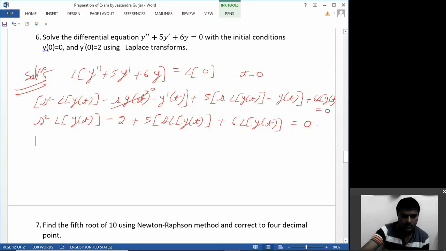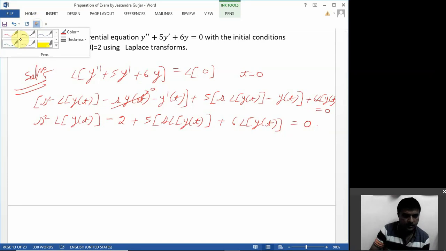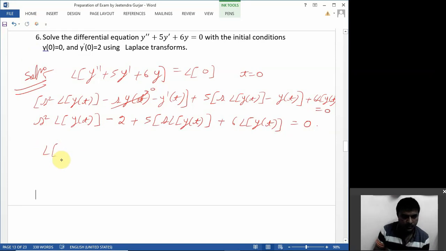So now you can see here students, please take out the common part. Common part is L of y(t), take out the L of y(t). So immediately we will get L of y(t) times (s² + 5s + 6). Minus 2, I will bring it on the right hand side, which is going to become 2.